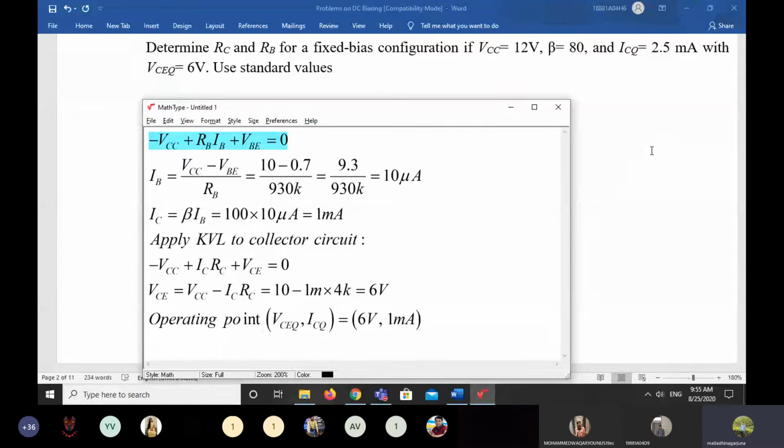Use standard values. Use standard values means, here they have not mentioned the type of transistor, silicon or germanium. You can take either one. If you take silicon, VBE is 0.7; if you take germanium, VBE is 0.3.